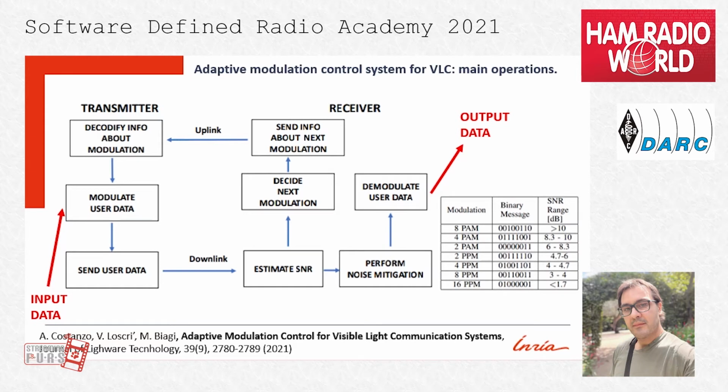Now, we have already implemented this system using the same architecture, but a different software control. And this paper can be found in the reference I gave you, which we wrote in collaboration with Professor Mario Biagi of Sapienza University in Rome.